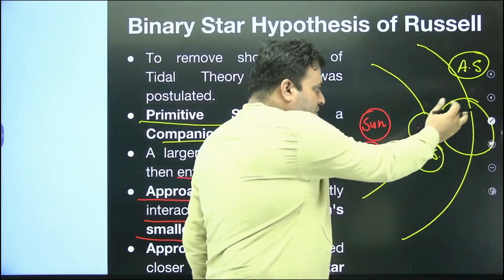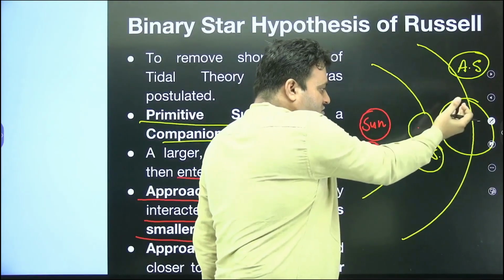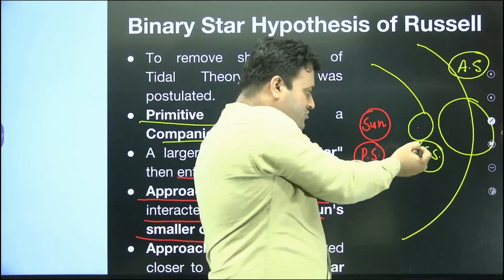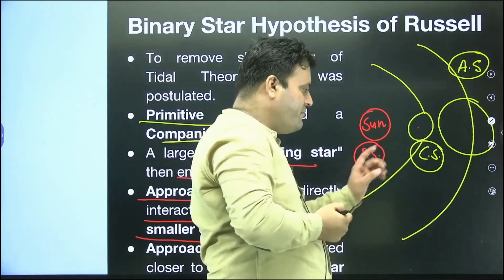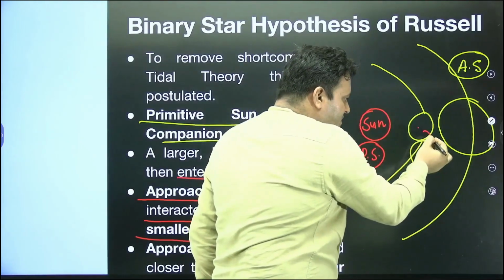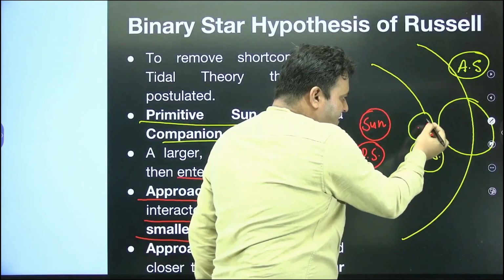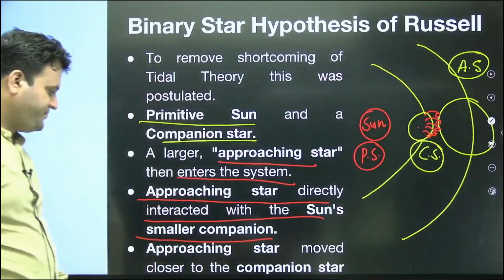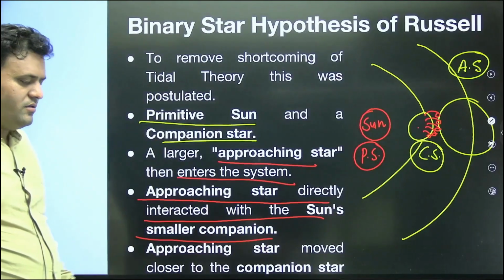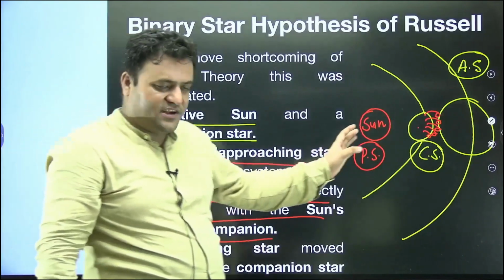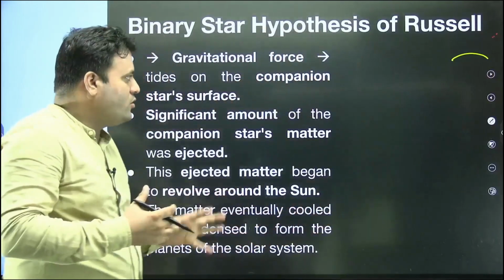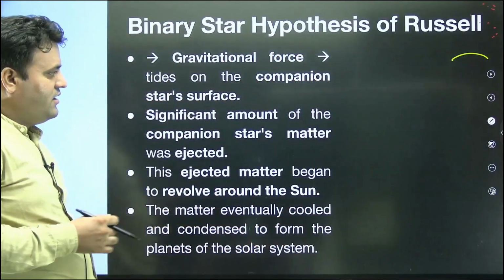So here this bigger star was there. When this bigger star has a nearby flyby of the companion star, as a result the gaseous material was ejected from the companion star as the approaching star got closer.